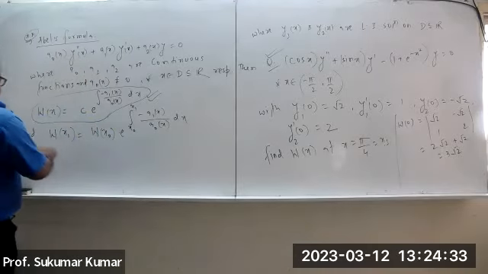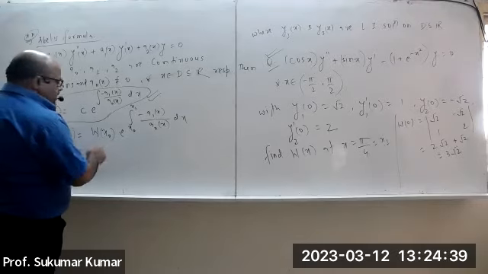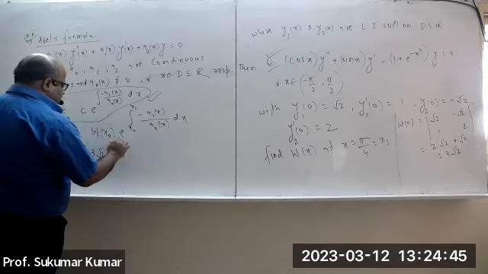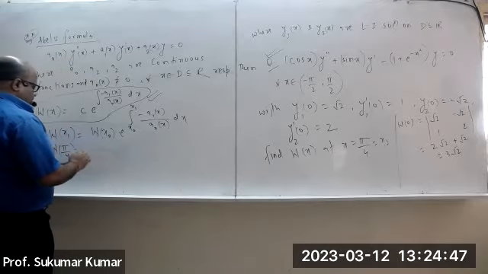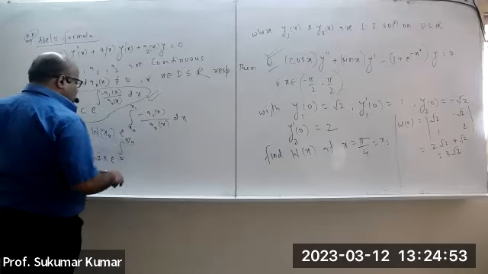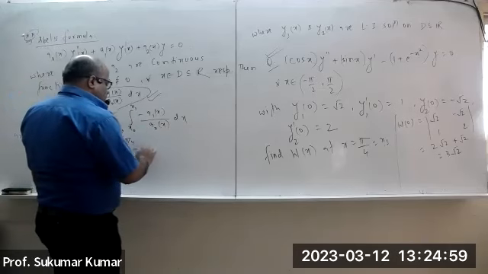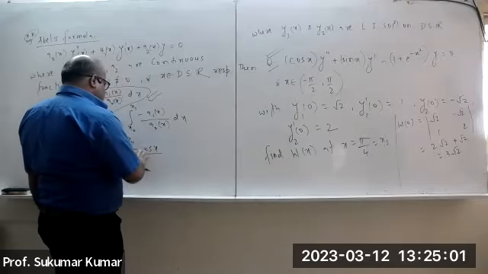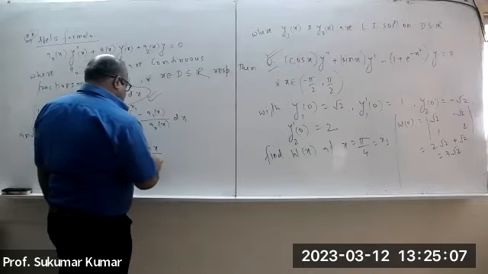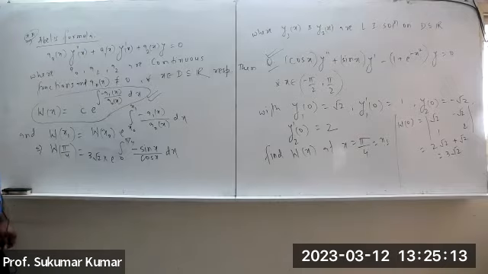W of pi by 4: W of 0 is 3 root 2, times e to the power of the integral from 0 to pi by 4 of minus a1(x). It's sin x over cos x, so the integral gives log cos x.